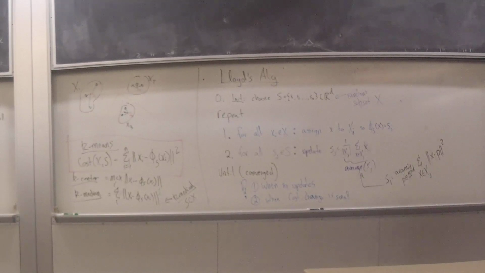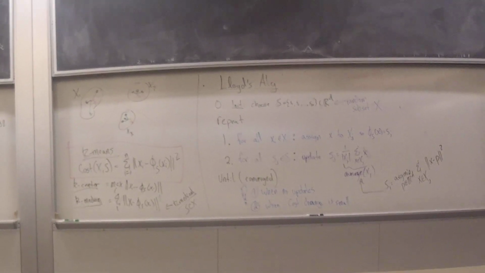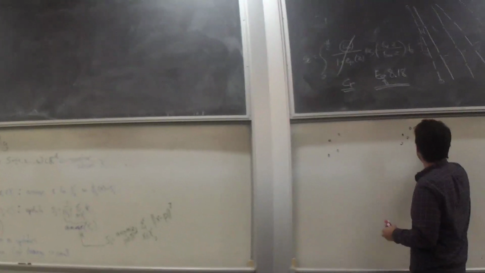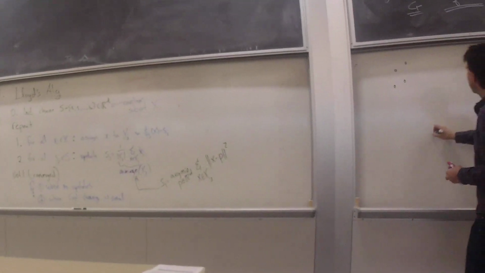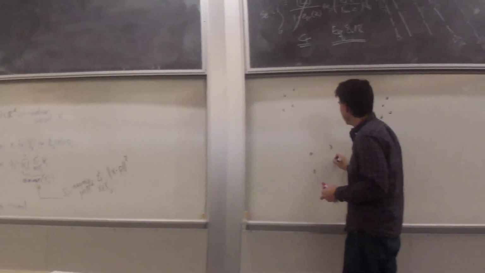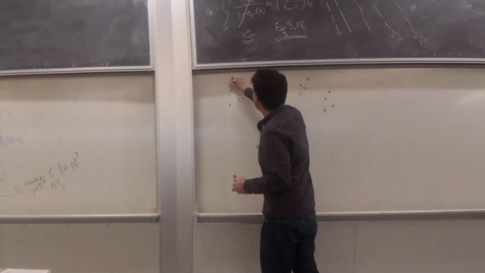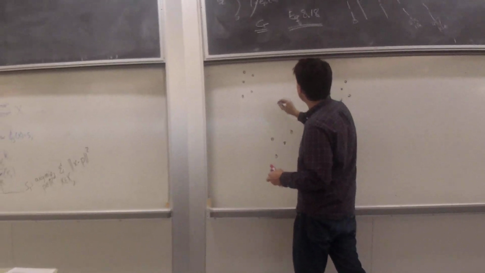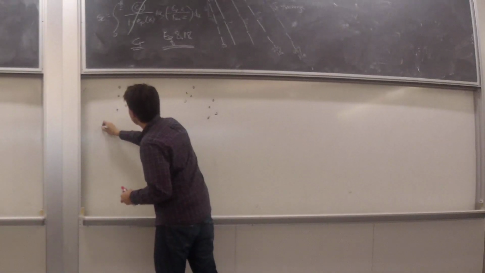Okay, so let's go through an example. Ben, maybe you want to move the screen. Let me try and walk through an example here. Okay, so let's start. Maybe we'll put a point over here.